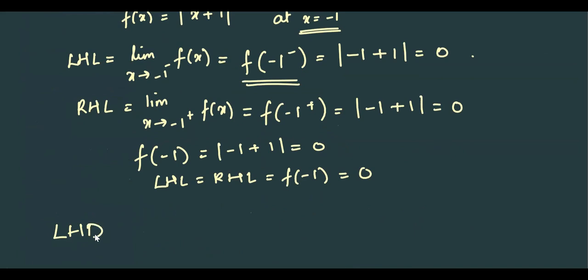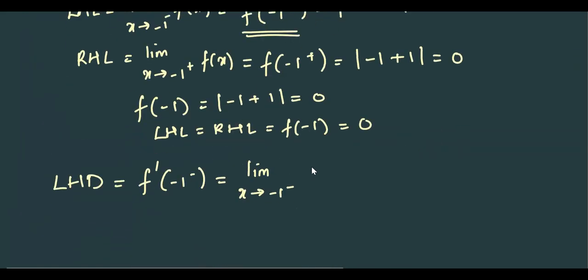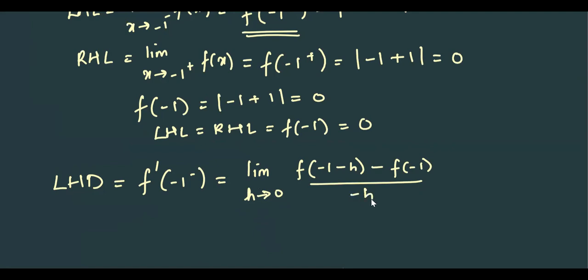Now left hand derivative f dash of -1 minus is limit x tends to -1 minus, or I will write it like this, limit h tending to 0, f of -1 minus h minus f of -1 by minus h.